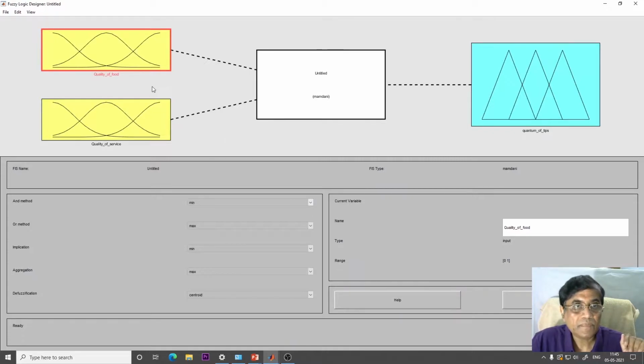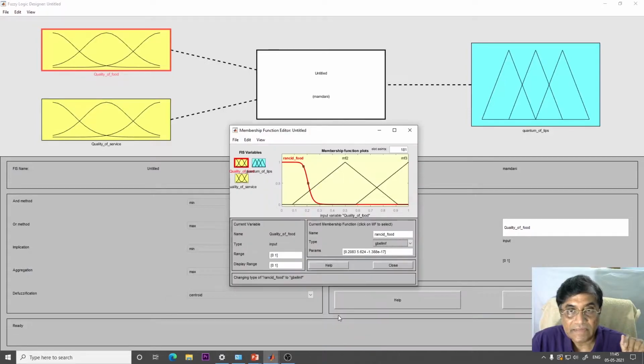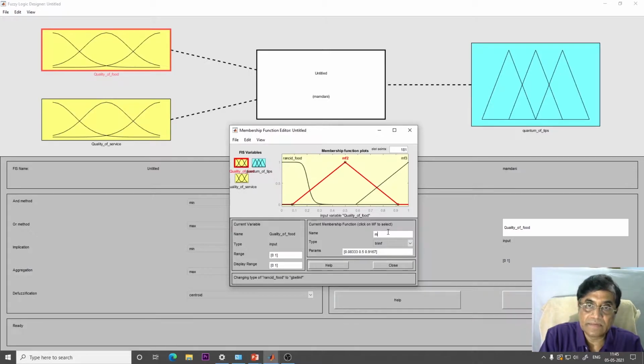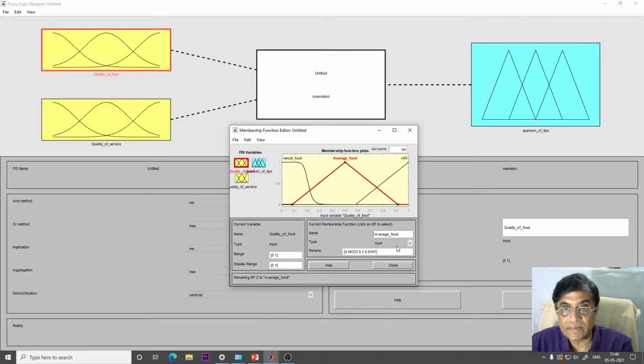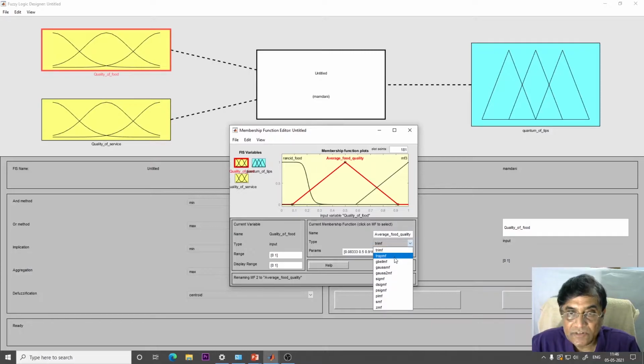Then this membership function is characterizing average food quality. You understand? So this is average food quality, and I decide that it should be a trapezoidal kind of membership function.